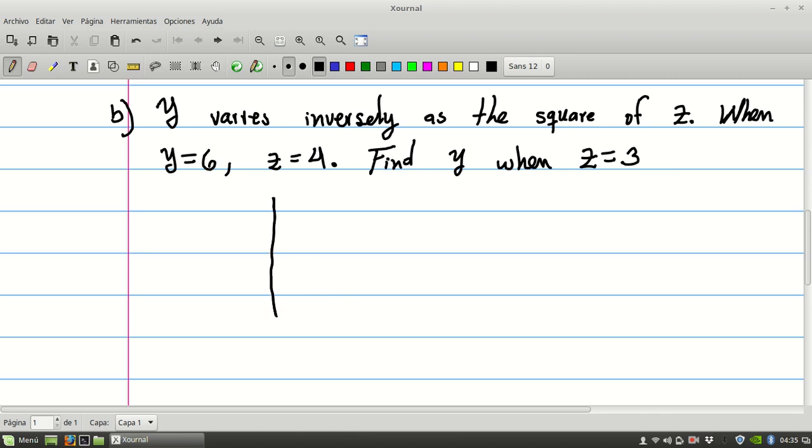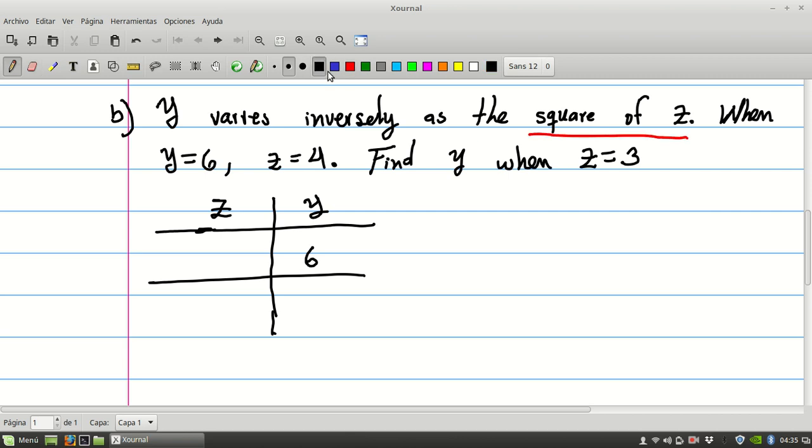So what we're going to do is the same thing. We have z and y, and when y equals 6, the variation is with the square of z, so what we're going to write is the square of z, 4 to the second power, 16.